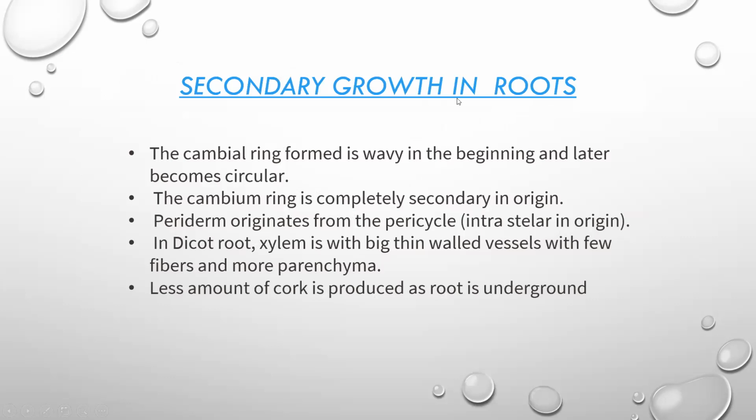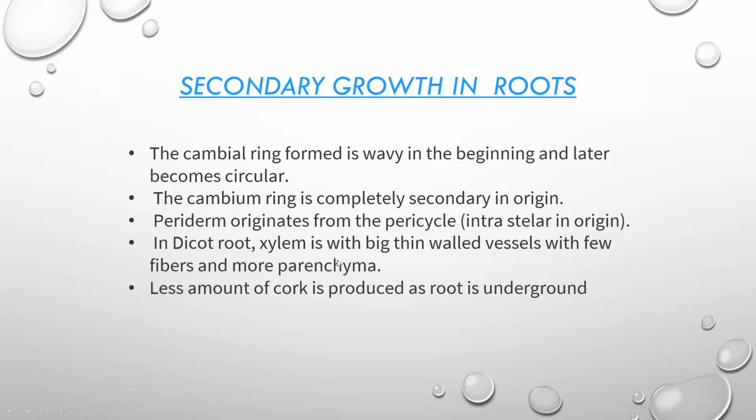So, secondary growth in roots. The cambial ring is formed wavy in the beginning and later becomes circular. The cambium ring is completely secondary in origin, and the periderm originates from the pericycle, that is intrastellar in origin, within the stele. In dicot root, xylem is with big thin-walled vessels, few fibers and more parenchyma.